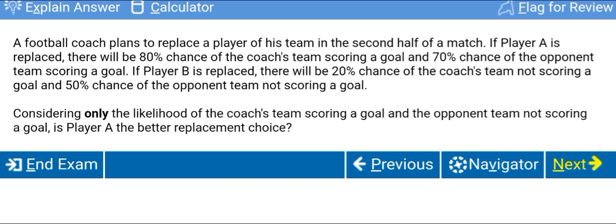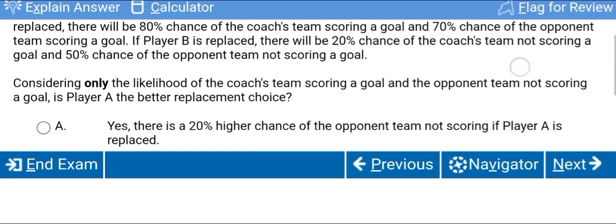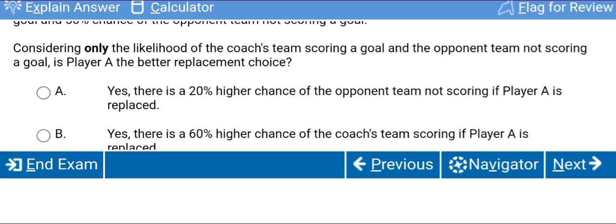So considering only the likelihood of the coach's team scoring a goal and the opponent team not scoring a goal, is player A the better replacement choice? Option A, yes, there is a 20% higher chance of the opponent team not scoring if player A is replaced.